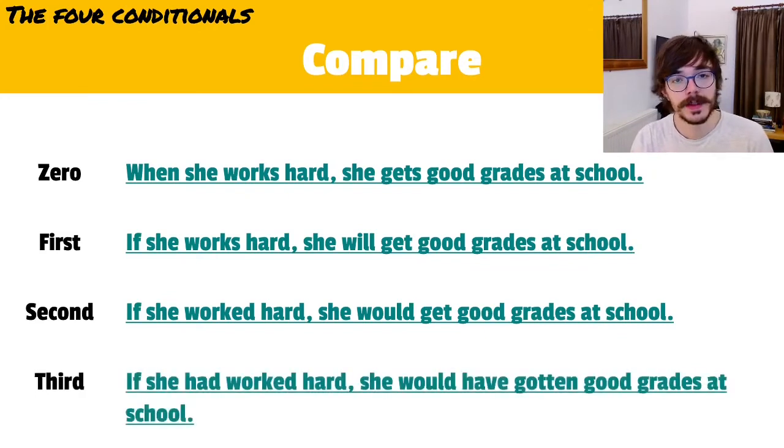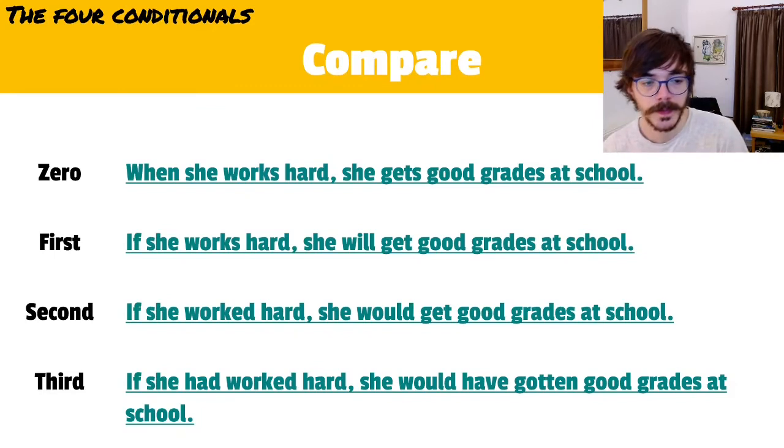But I'm telling you that if she did, then she's very intelligent and she could get very good grades. And our last one, our third conditional, we have if plus our past perfect plus would have and our past participle. So if she had worked, she would have gotten. So this one, we're talking about the past. So if she had worked hard, she would have gotten good grades at school.